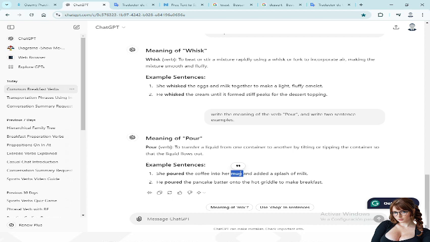Okay, the meaning is to transfer a liquid from one container to another by tilting or tipping the container so that the liquid flows out.